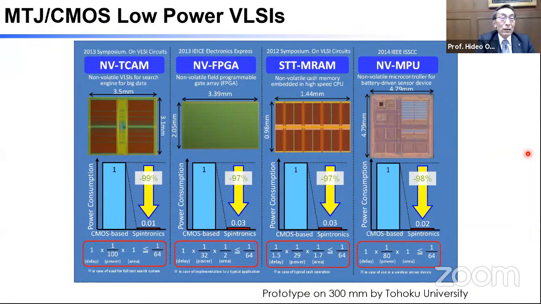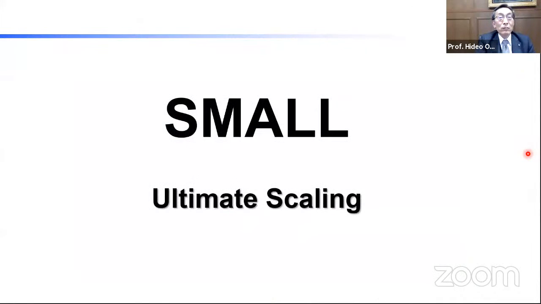But the next thing that we had to demonstrate is to show the industry and the world the limit of our approach, how small we can make those magnetic tunnel junctions. Because industry is interested in scaling, meaning how small you can make those things. And so far, I have only shown you a 40 nanometer device. They want to see how far we can go with what sort of technology and what sort of materials.